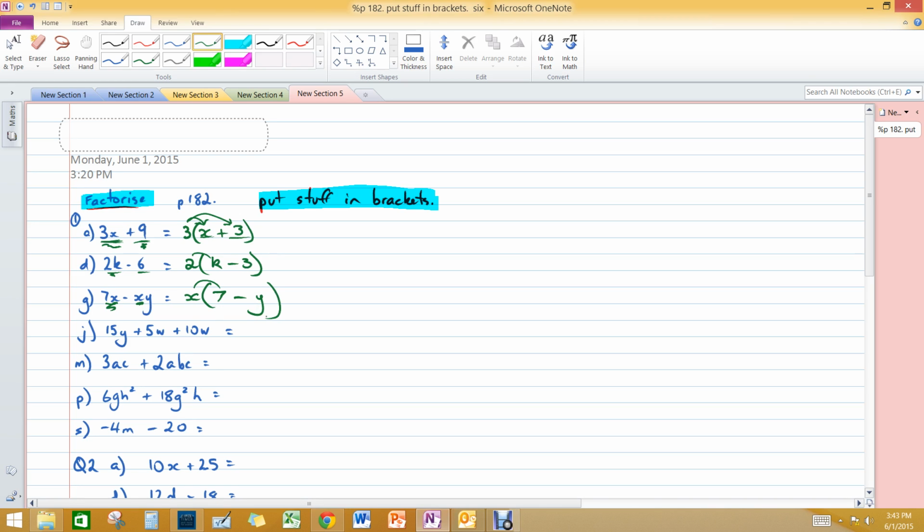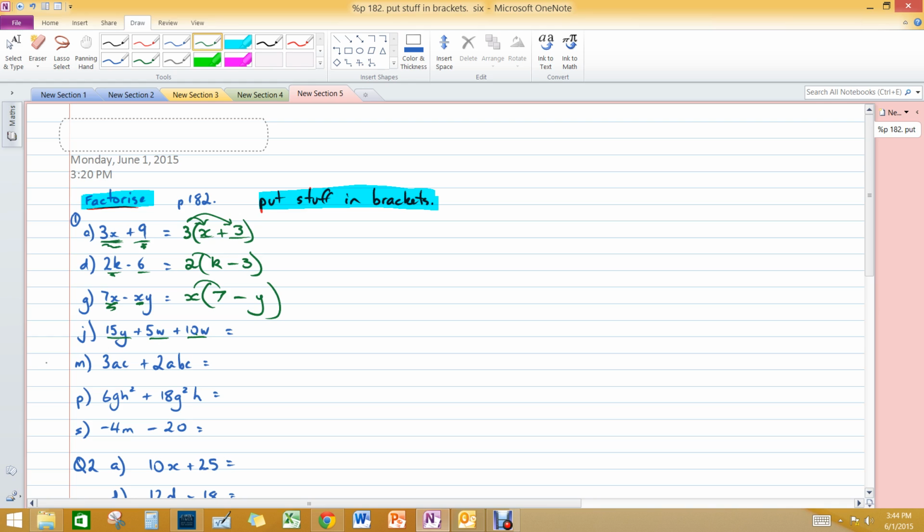Alright, now for J, we have 3 terms, 10w, 5w, and 15y. What you need to be careful of here is that your common factor needs to be common to all 3 terms. So in this instance, we look at the letters, and we can see that all 3 terms don't contain the same letters.